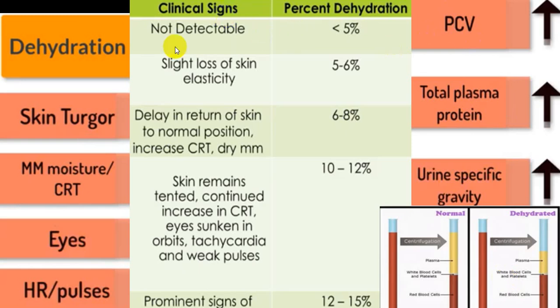Some of the signs will be very, very important. You will be able to identify dehydration clinically by skin turgor, mucous membrane moisture, thirst, capillary refilling time, examination of eye, shrunken eyeball, tachycardia, low volume pulse. So this will be some of the findings which will be very, very important.